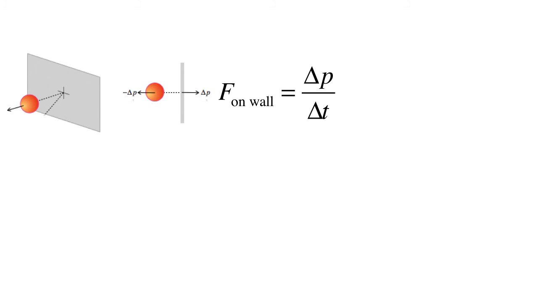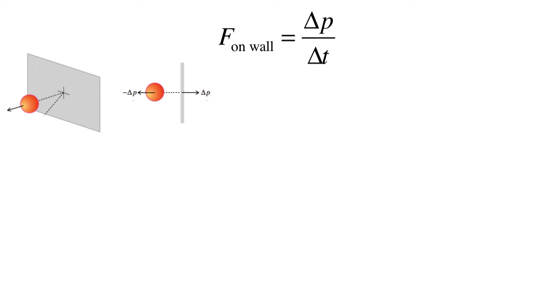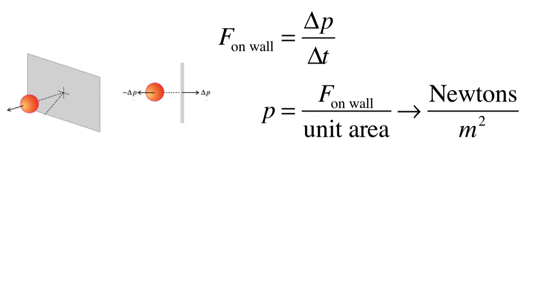But the way that you have to figure out the pressure is by looking at every square centimeter, or every square meter, or every square inch. So the pressure is defined as the amount of force per unit area from all those ricochets. In the metric system, that would be so many newtons per square meter.